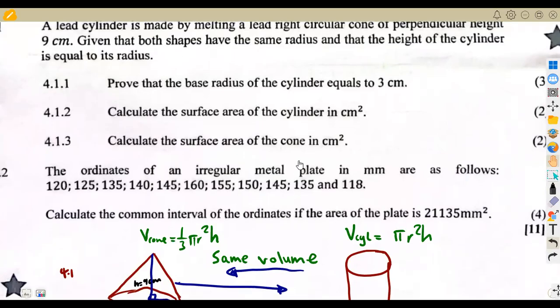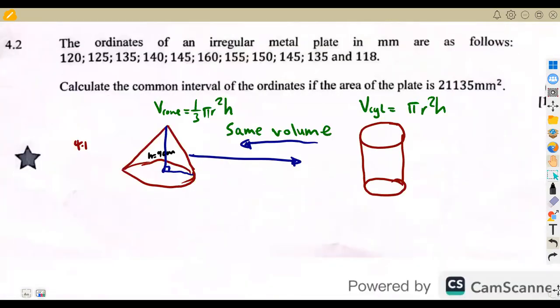Okay, the first thing is that both the shapes have got the same radius. So it means here we've got r, our radius, and here also our radius is the same. So they are saying the radius of this cone is equal to the radius of this cylinder.